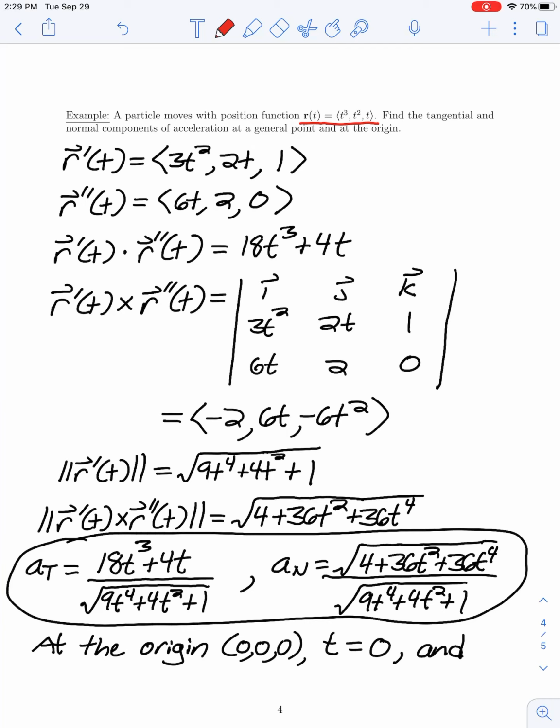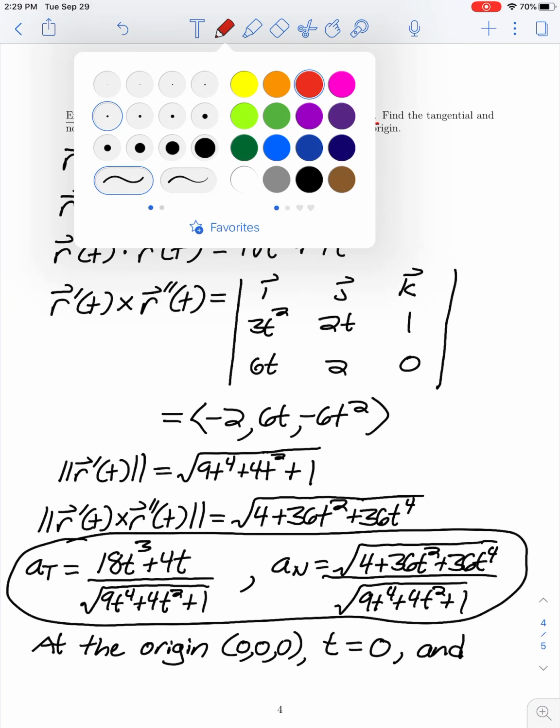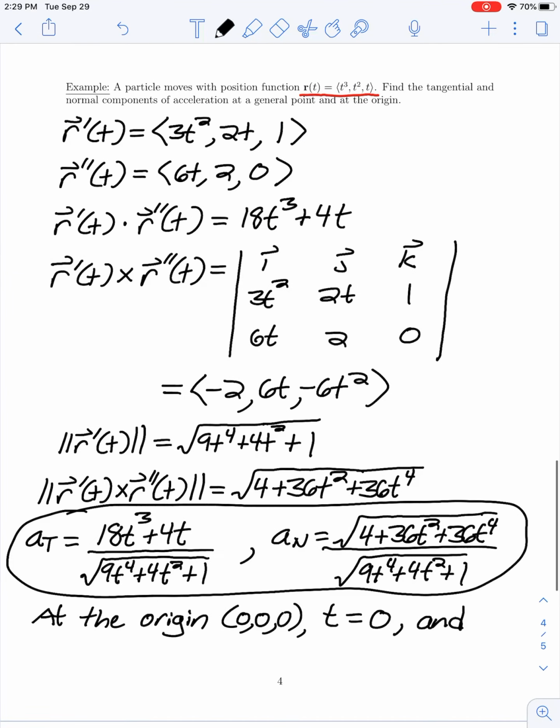So substituting 0 into our expressions for the tangential and normal components of acceleration, we find that the tangential component would be 0 over the square root of 1, which is 0. And the normal component of the acceleration vector would be root 4, or 2, over root 1. So we would have 2.